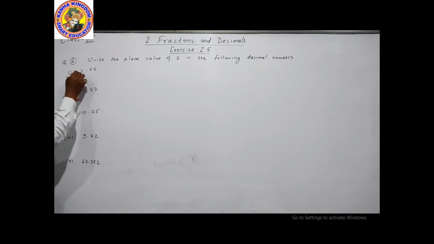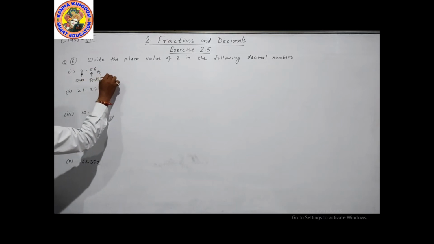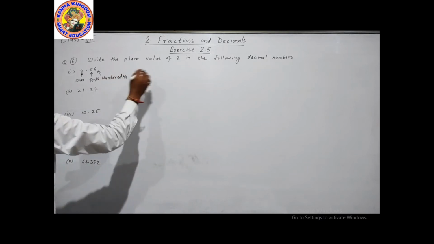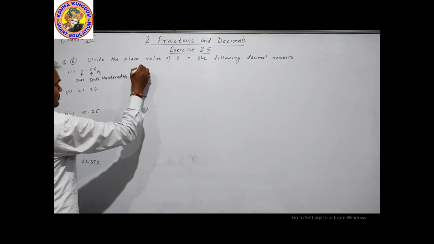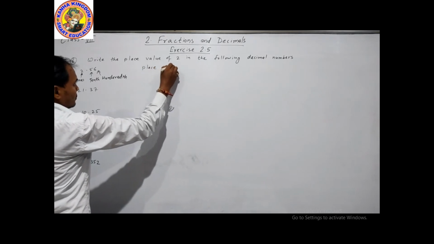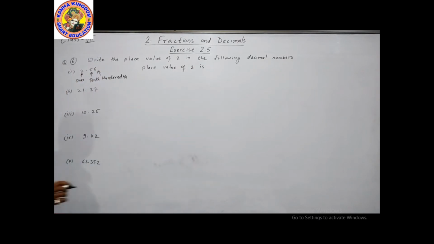Here this is our ones, tenth, hundredth. This is our number. Now what is the place value of 2? Where is the 2 situated? At ones.